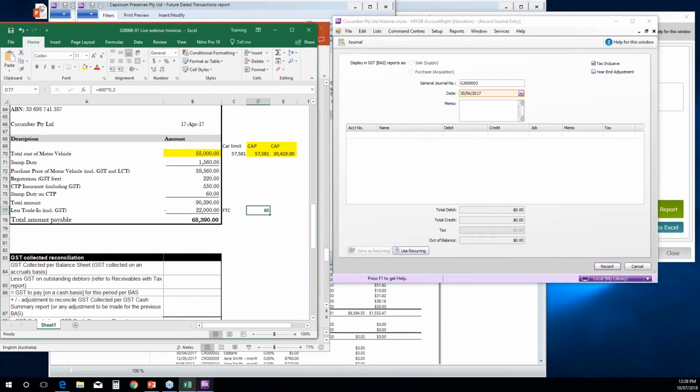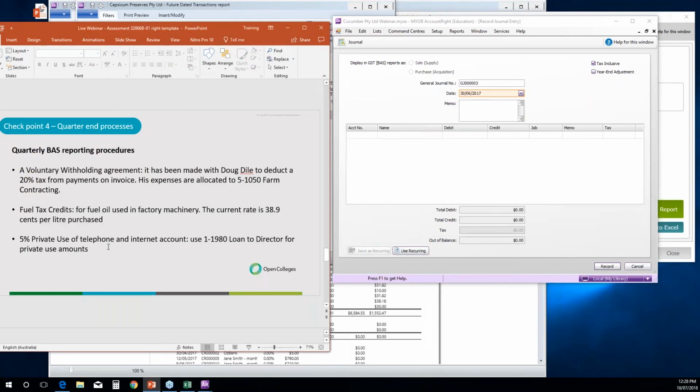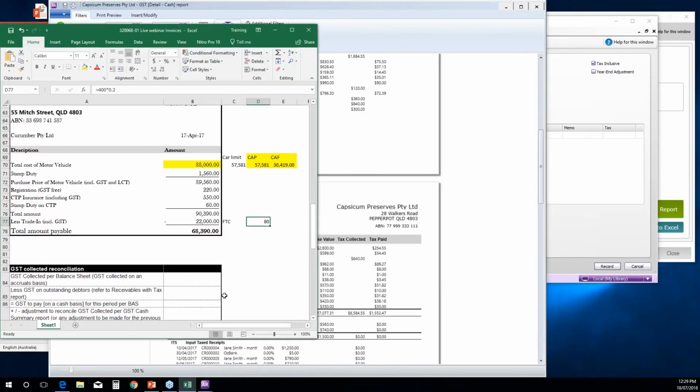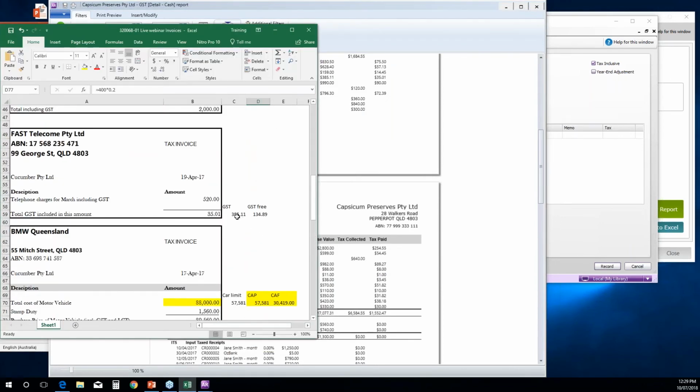I opened so many, sorry, and I'll go back to this. 5% private usage of the telephone. If you remember, you have to allocate this one to the loan to the director for the company structure. If you remember from the telephone, we have a GST component and GST-free component. So you will have to also separate the private usage. When you use something for business, you cannot claim GST, right?